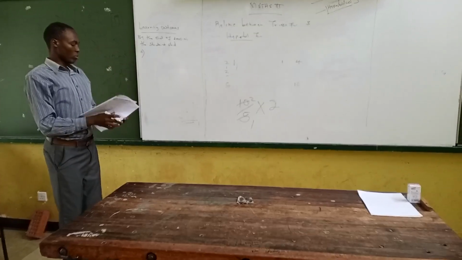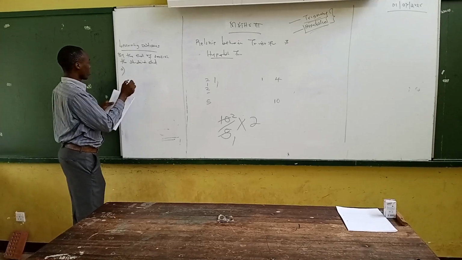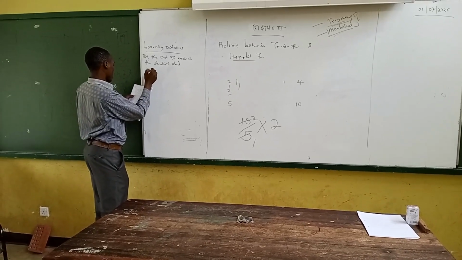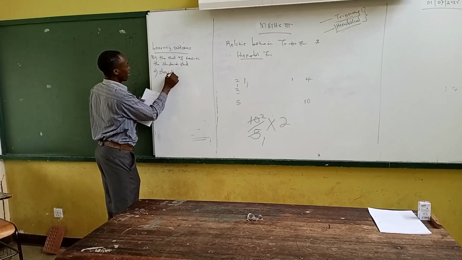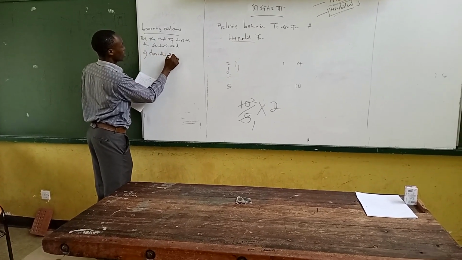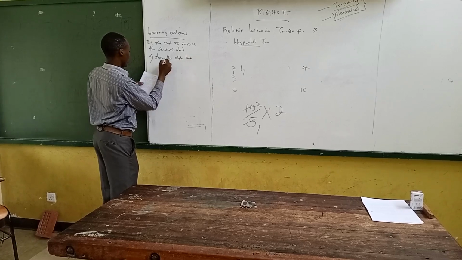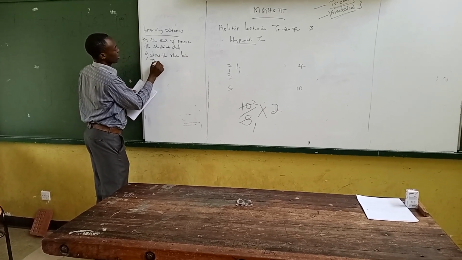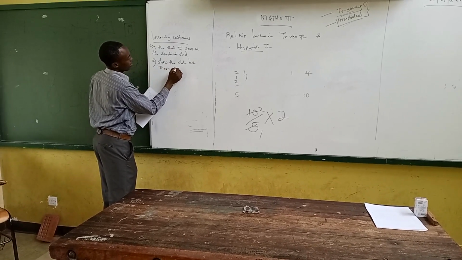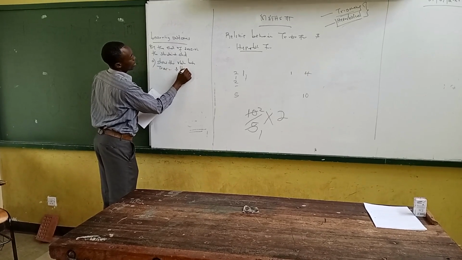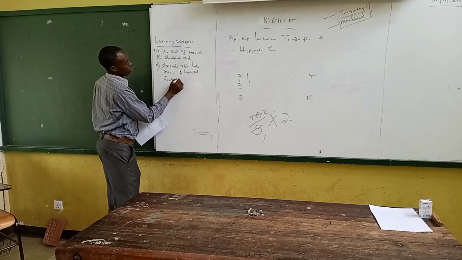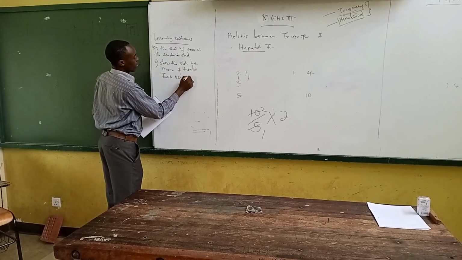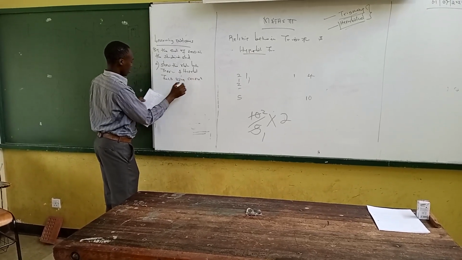What the trainee should know, number one, is to show the relationship between trigonometric functions and hyperbolic functions using complex numbers.